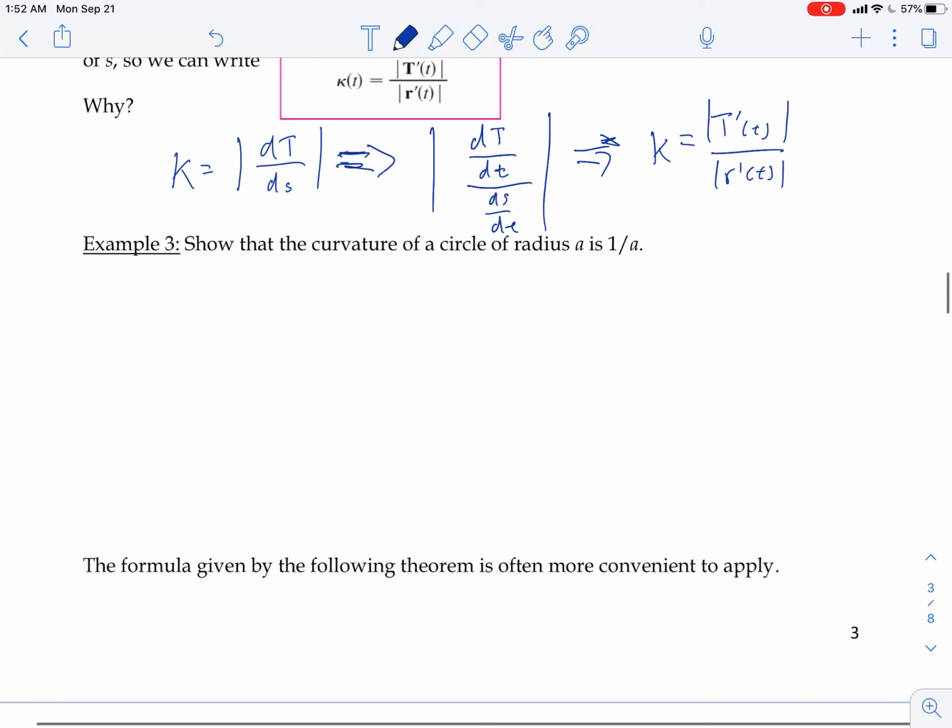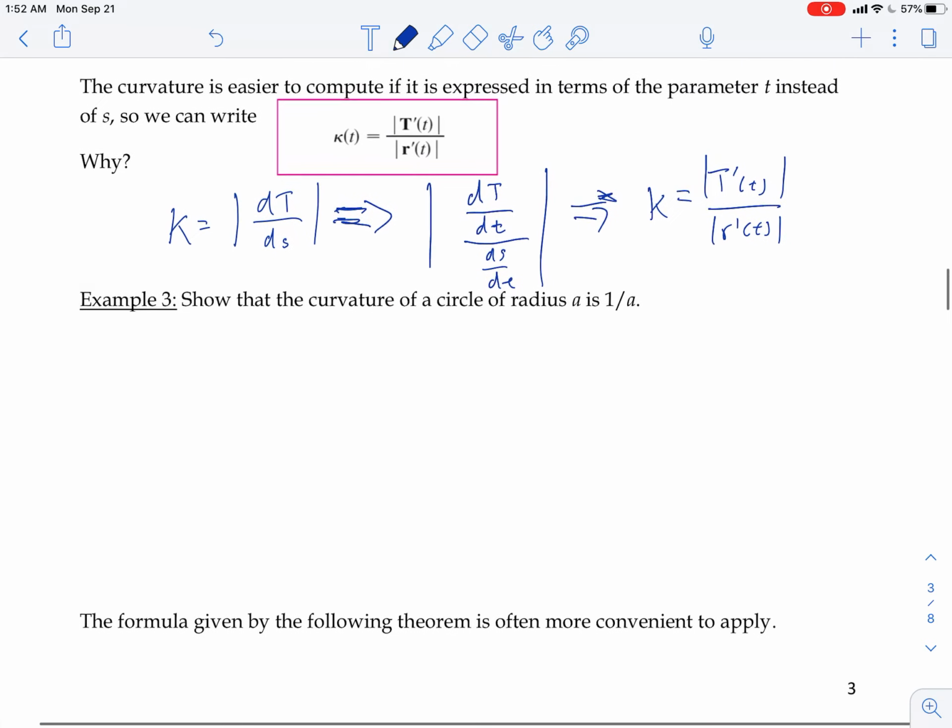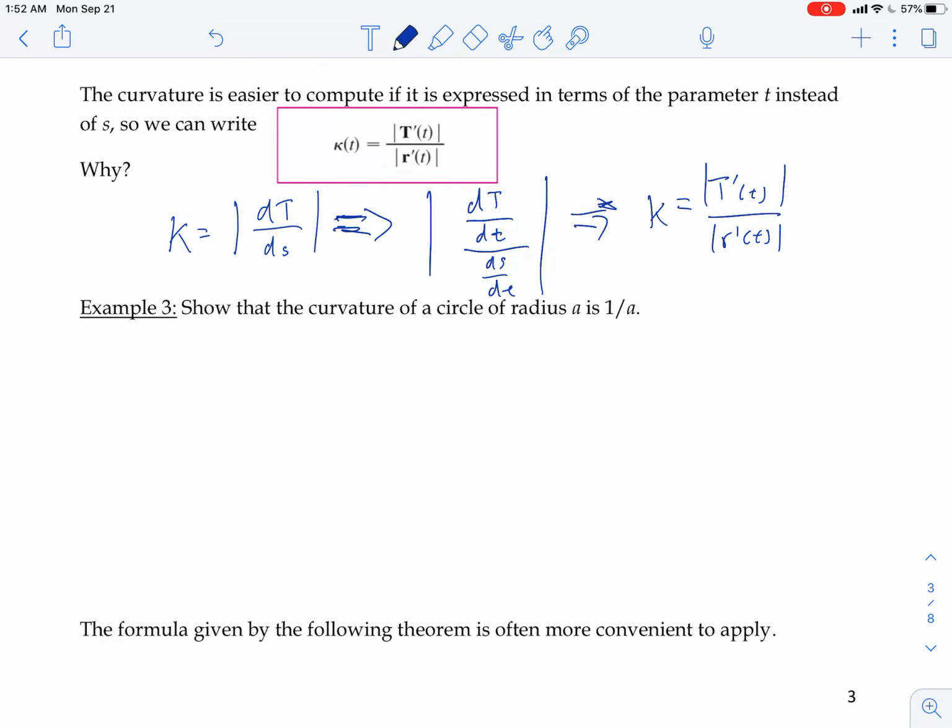All right, so let's find the curvature of something that we have. In this case, it says show that the curvature of a circle of radius a is 1 over a. The first thing we want to do is write our r of t.